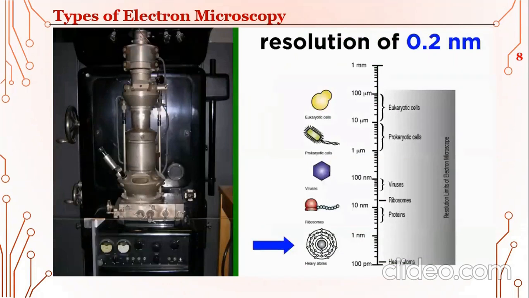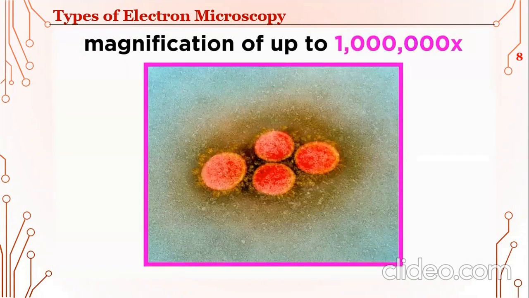Some electron microscopy techniques employ a resolution of 0.2 nanometers, which is more than 1,000 times better than light microscopy. With this higher resolution, electron microscopes are able to magnify their specimen up to 1 million times their original size, allowing researchers to study proteins inside of cells and the molecular structure of viruses, all of which led to a better understanding of the microscopic world.